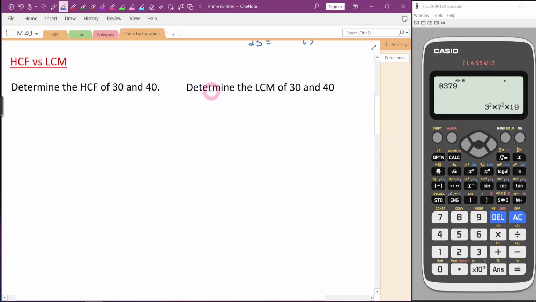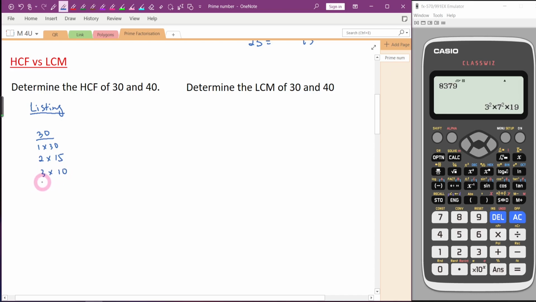Let me show you the listing method first. Okay, now I'm using the listing method. This will take a very long time if the number is very big. 1 times 30, 2 times 15, 3 times 10.